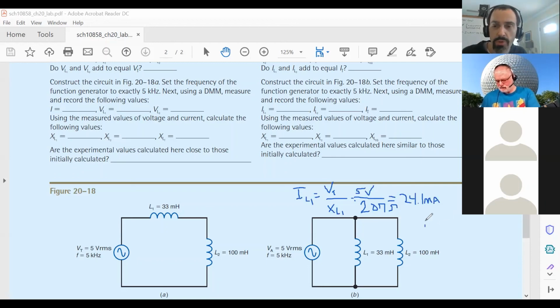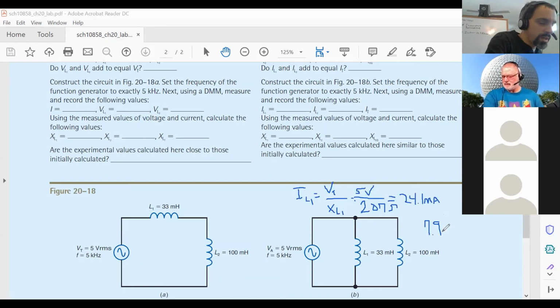I get 7 point. What do we get for the reading from the multimeter? 6.68, and I calculated 7.9, about one milliamp off. Not too bad.